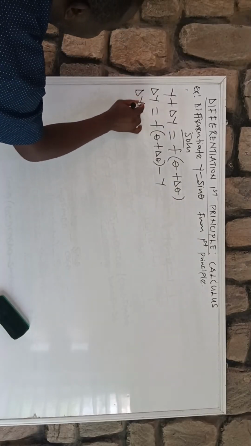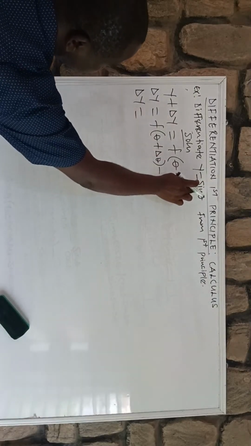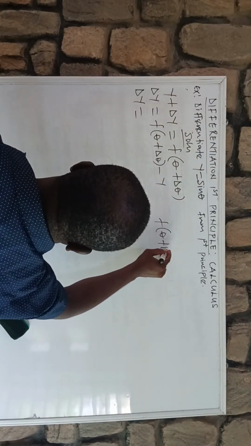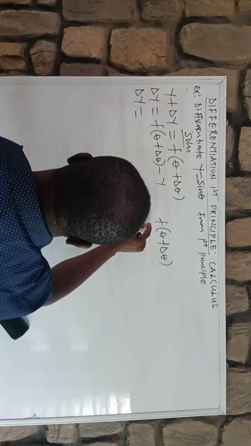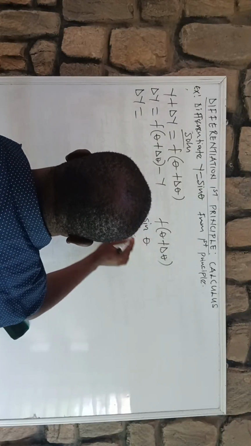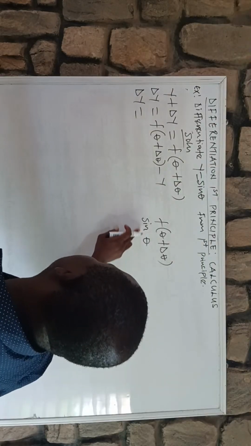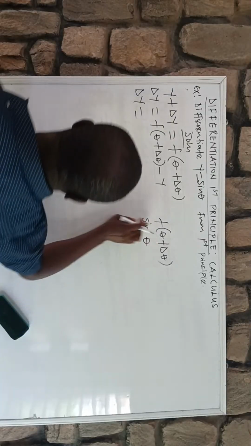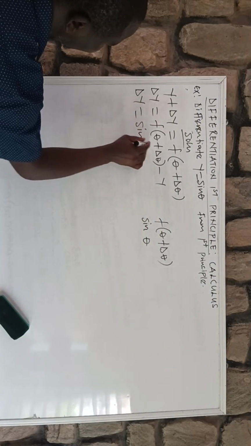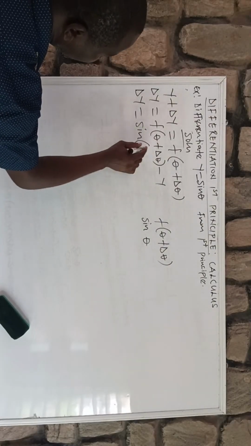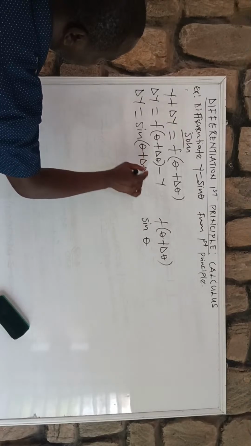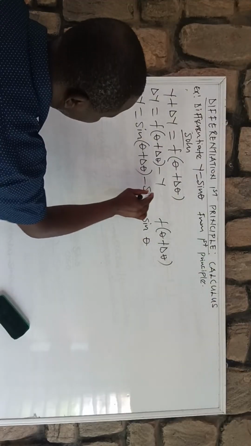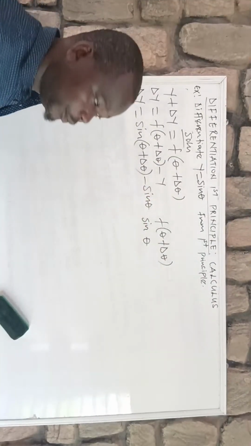So our dy is equal to, as explained, you equate it with f of theta plus the theta. The coefficient of theta is sine, so sine is f. Instead of f you write sine, open bracket, instead of theta you write theta plus increment, minus our y, which is given as sin theta. Do you agree with me?